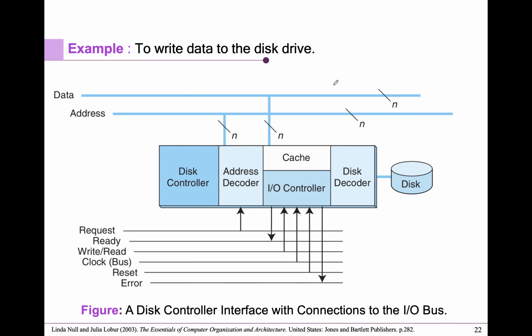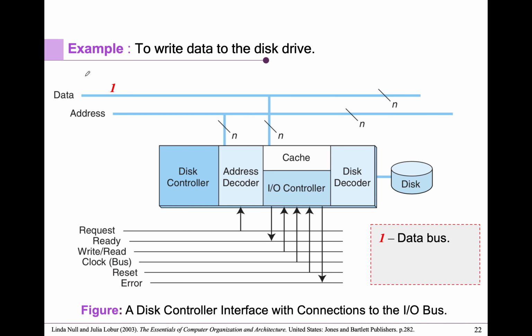All of this is a bus. You're going to connect to your disk, your disk controller, address decoder, cache, I/O controller, and disk decoder. So you're going to have the first data bus.